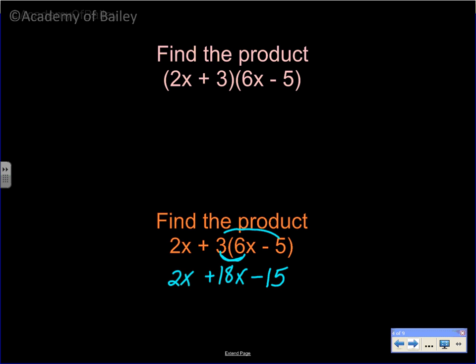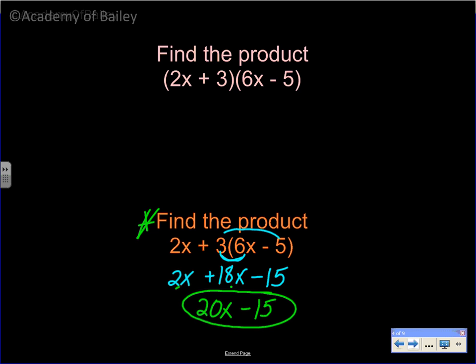This is where they have to have the same variables with the same exponents. 2x and 18x combine to make 20x, and then you have negative 15. So 20x minus 15 is the product for the second one.